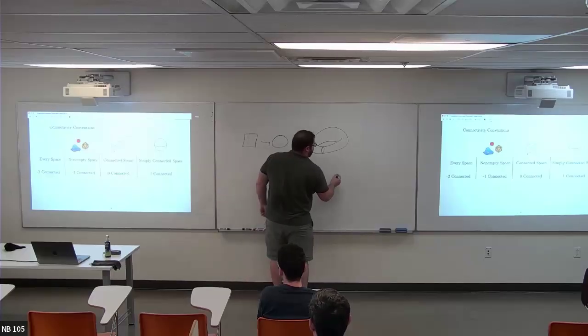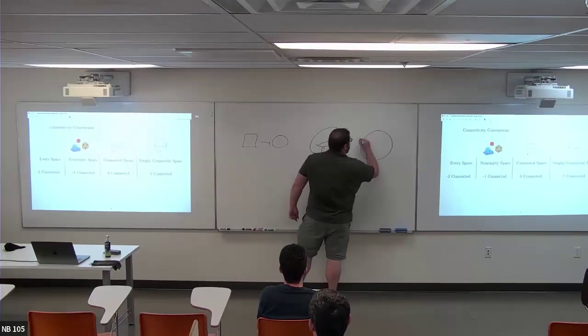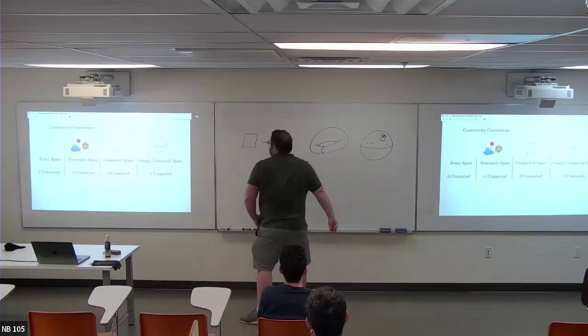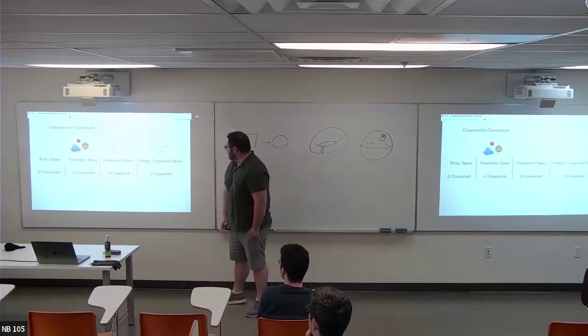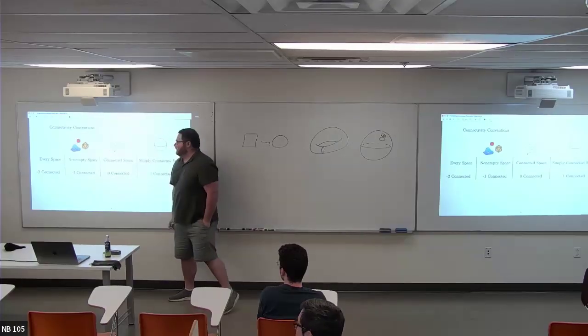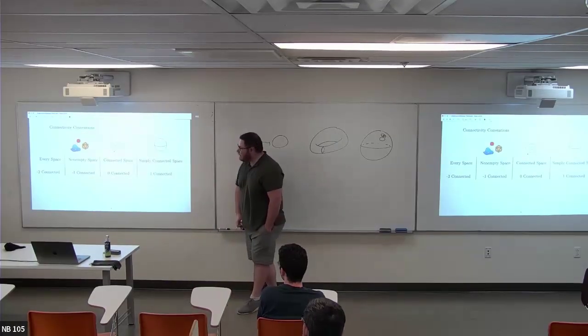That's called a homotopy. But on a sphere, if I just draw a loop here, I could continuously deform it to a point like that, okay? So the skin of the sphere is 1 connected, but this donut here is only 0 connected, okay?